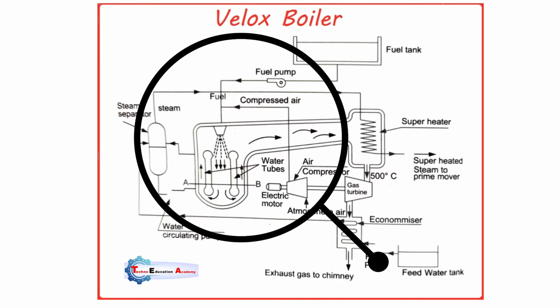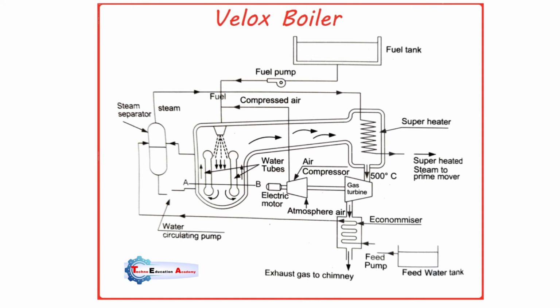Here you can see the section AB. As a result, heat is transferred from the flue gases to the water at a very high rate to generate a steam water mixture. This steam water mixture then passes to a steam separator, which is designed in such a way that the mixture enters it with a spiral flow.